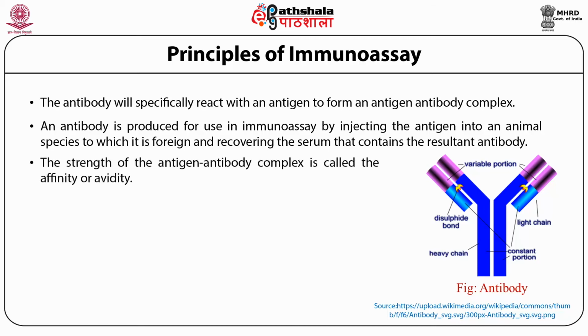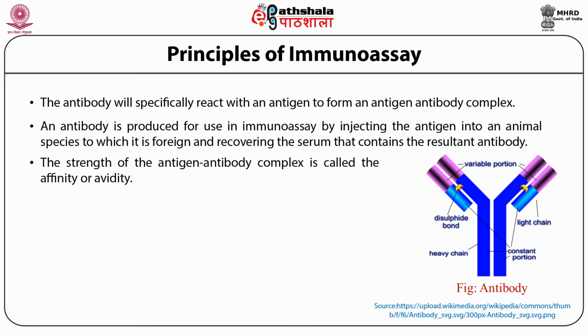The strength of the antigen-antibody complex is called the affinity or avidity. Affinity refers to the intrinsic association constant between an antibody and a univalent antigen, while avidity refers to the overall binding energy between antibodies and a multivalent antigen.